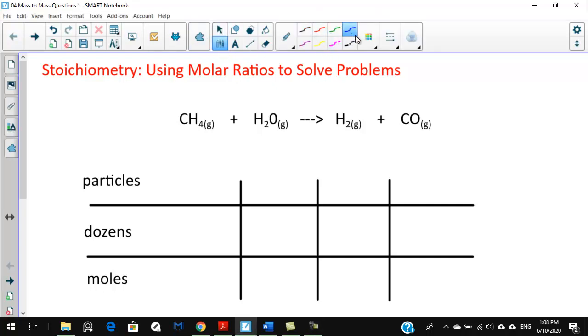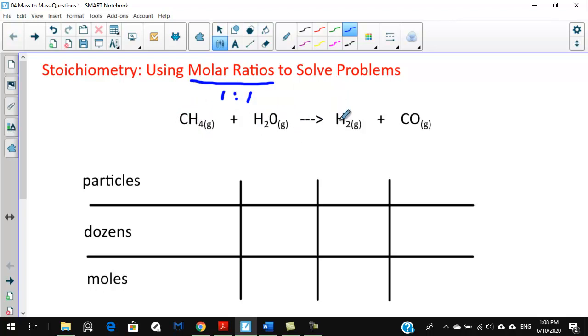So stoichiometry refers to questions where we use the ratios that we find in a balanced chemical equation. We'll call those the molar ratios. So you can see here, methane to water is a 1-to-1 ratio. If you're going to use up one molecule of methane, you need one molecule of water.